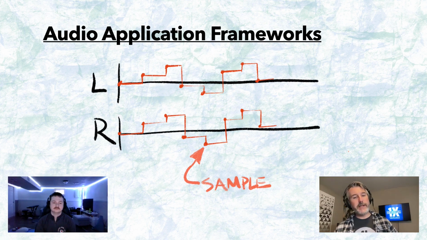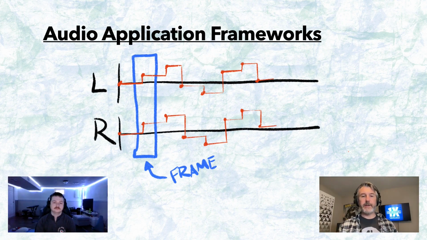Each individual point here is a sample. A sample could be from the left channel, it could be from the right channel. It's often helpful to talk about all of the samples that are in the same time frame, so that's what we call a frame. That would be the left and the right channel for a given time.